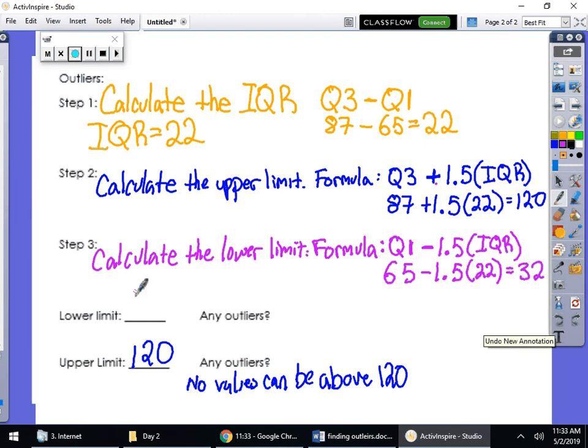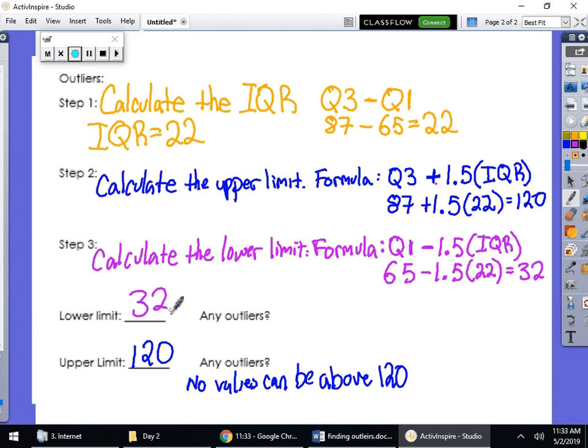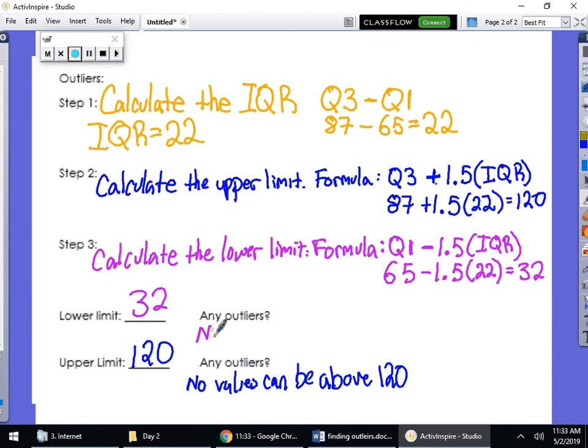What this means is that no values can be lower than 32. So we can't have any values higher than 120, and we can't have any values lower than 32.